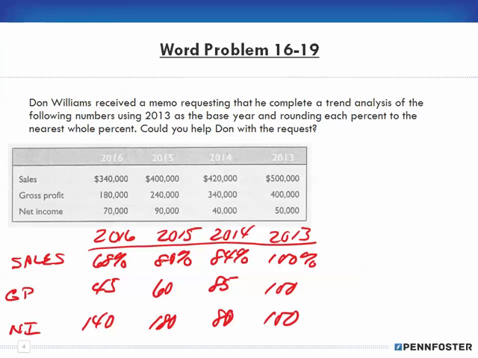I went down to 84, 80, and then 68. However, even though I went down in sales, my net income percentage has increased. I started out at 100, it went down to 80, it jumped up to 180, and then stayed at 140 in comparison to the year 2013.